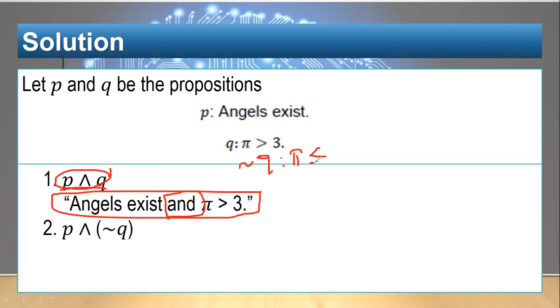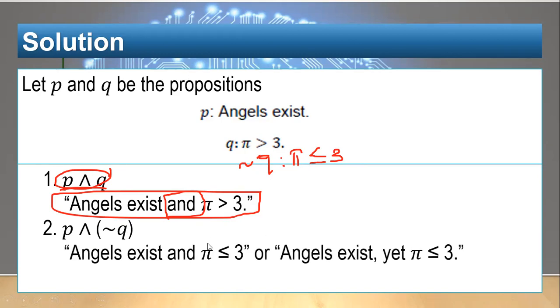So dapat less than or equal to 3 siya. So hindi siya greater than. So that is less than or equal. Okay, so we have P and not Q. Pagsamahin lang natin. Angels exist and pi is less than or equal to 3, or angels exist yet pi is less than or equal to 3.